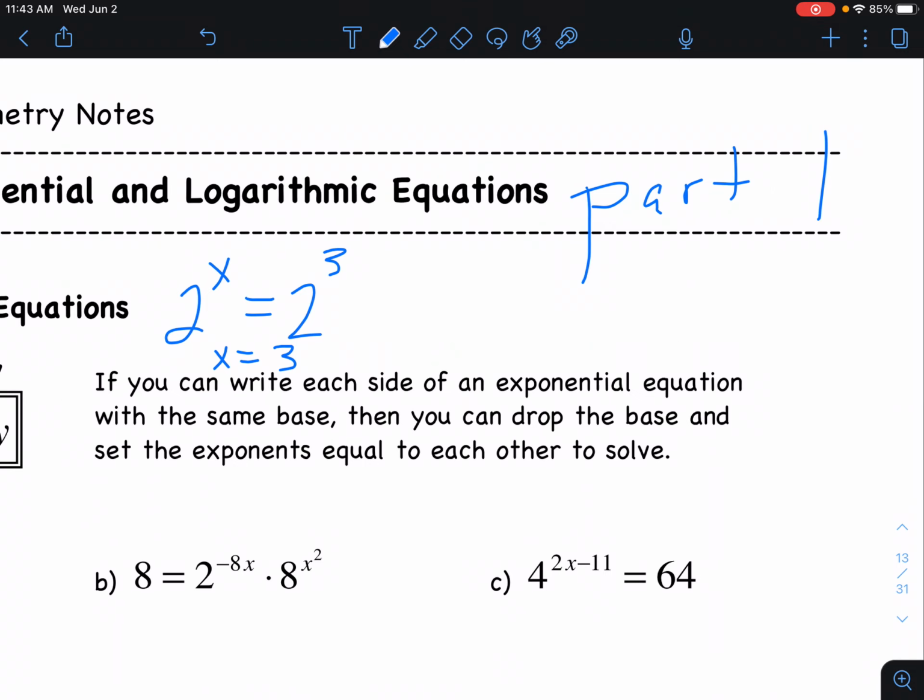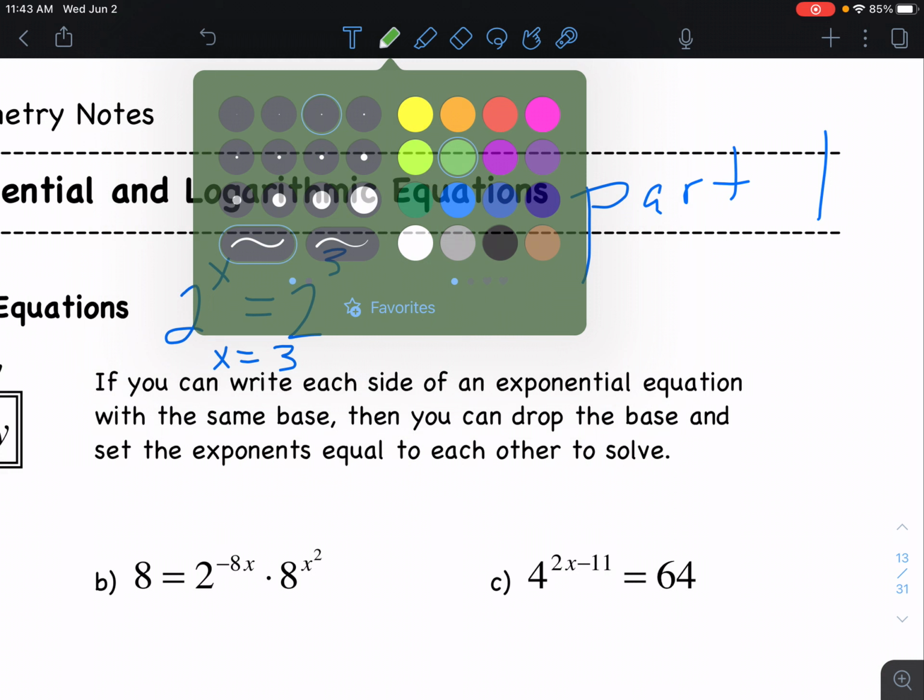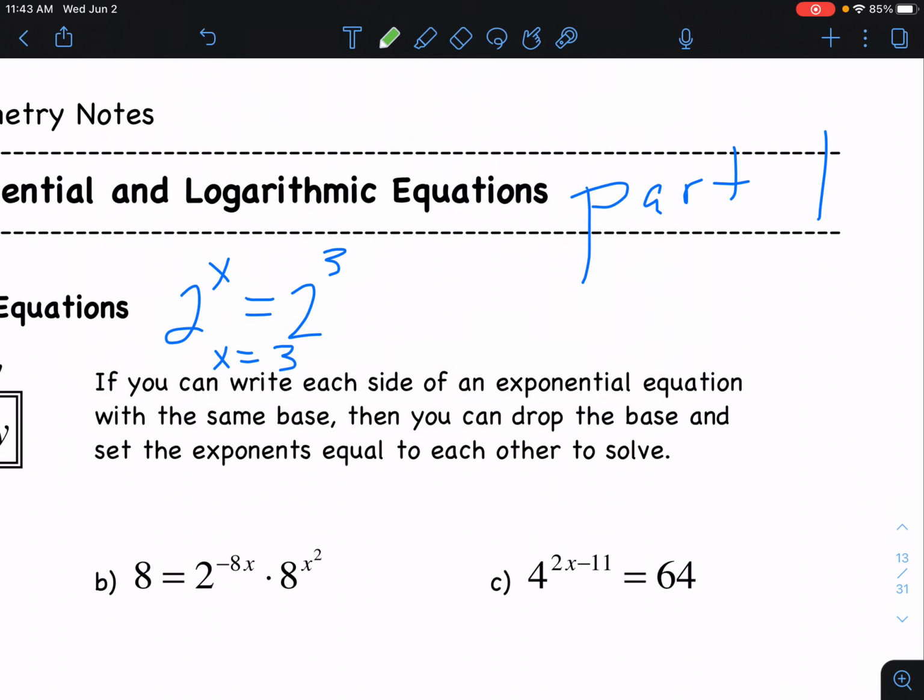What does that mean? Let me show you a really basic problem. Say we have 2 to the power of x equals 8. Remember, we're solving for x, so what is x allowed to be? Well, you can change the 8, the bigger number, to have a base of 2. So let me carry that down.